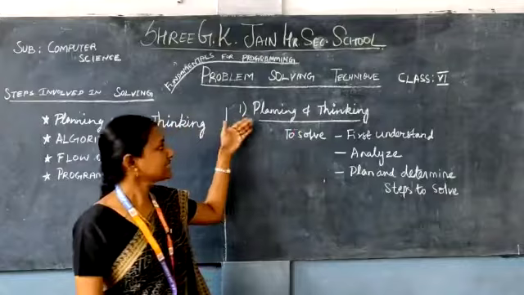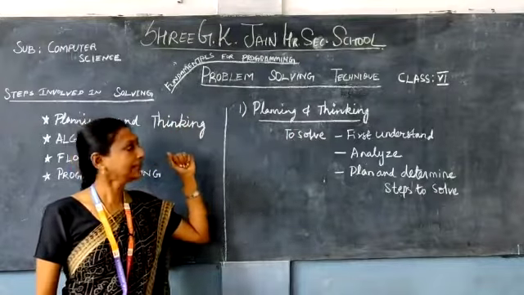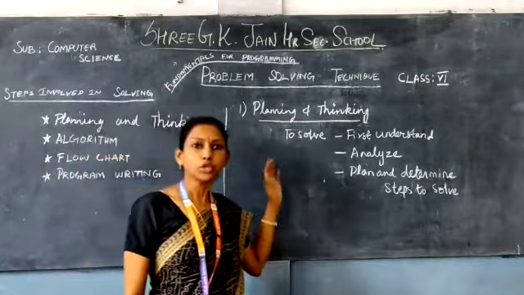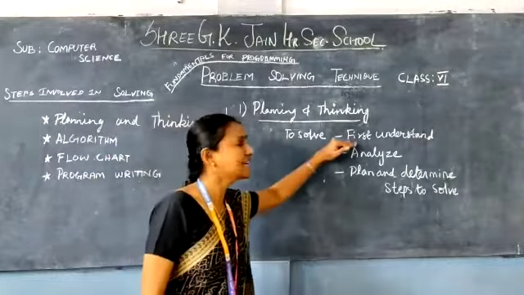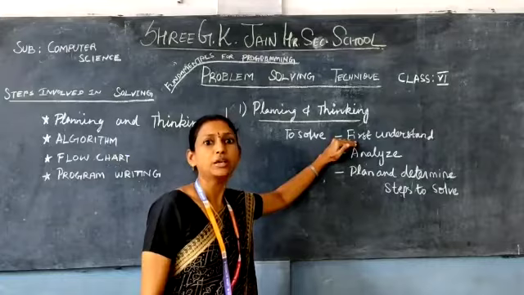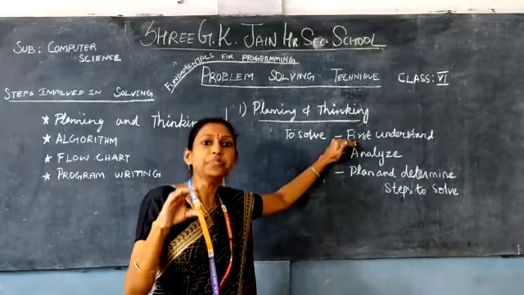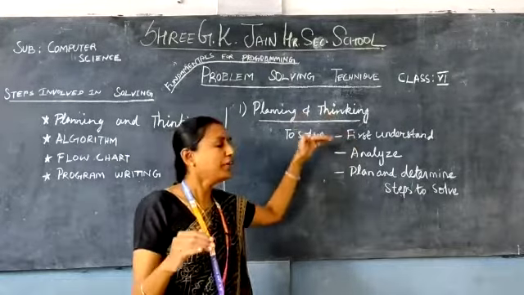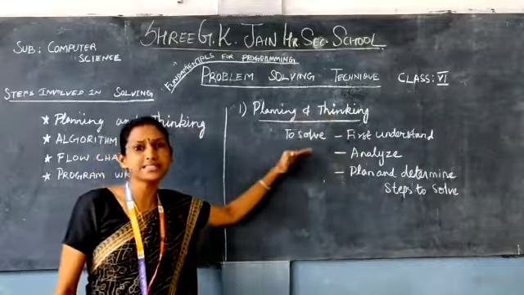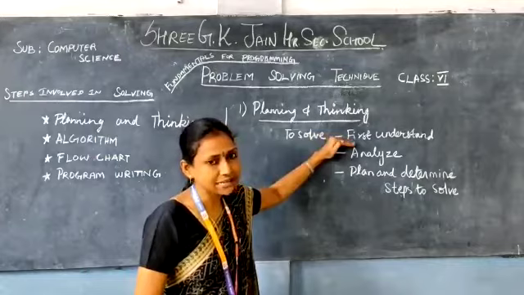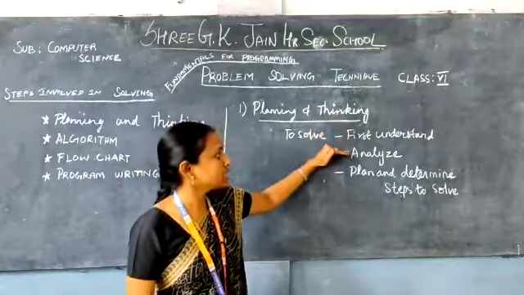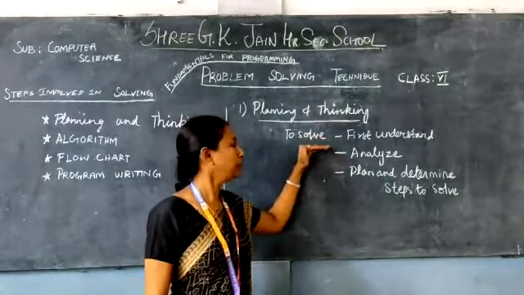Okay. First technique is planning and thinking. In order to solve a problem in computer, we have to understand the problem first. We have to understand the problem clearly. Then after that, we have to analyze the nature of the problem. First understand the problem and next analyze the nature of the problem.